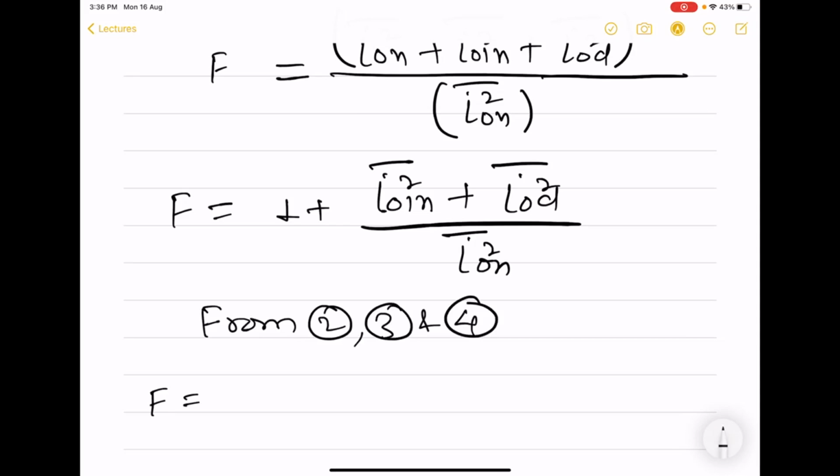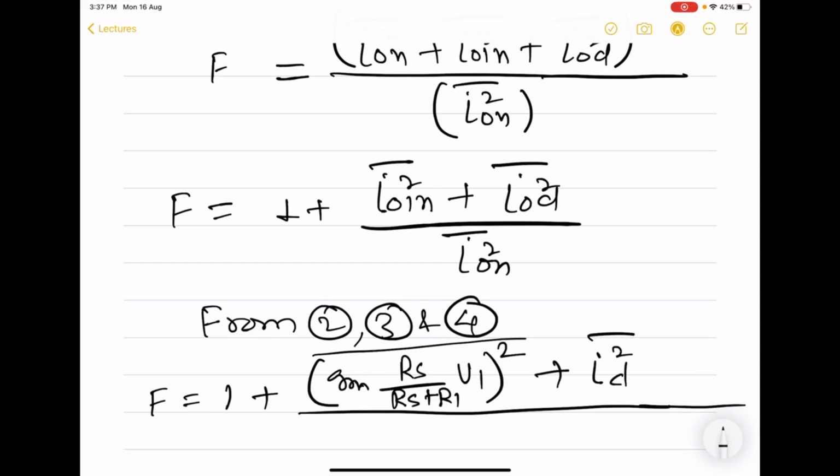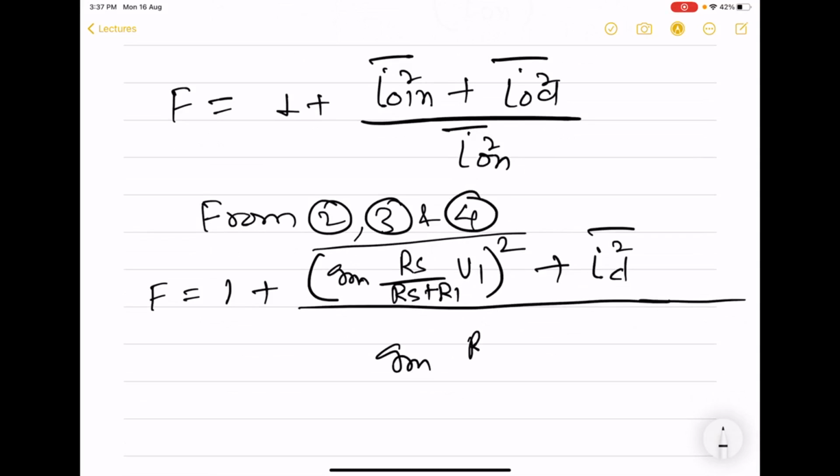F is equal to 1 plus GM R1 by (RS plus R1) into V1, whole square, plus ID mean square, divided by GM R1 by (RS plus R1) Vn mean square.